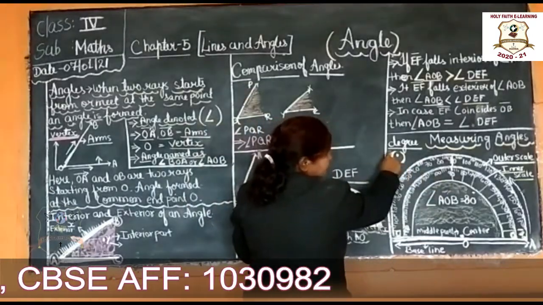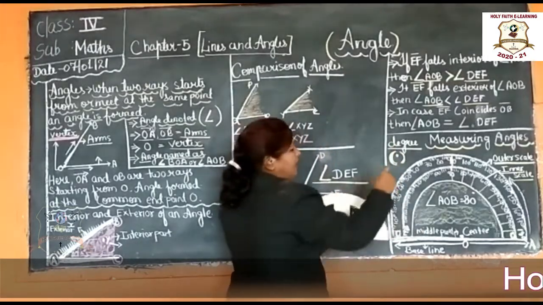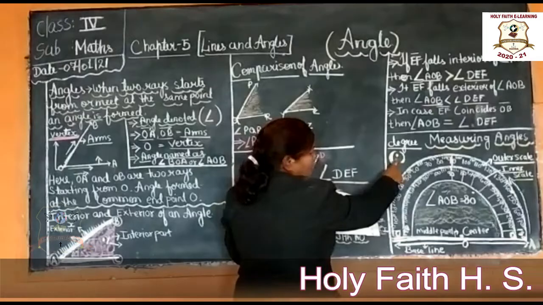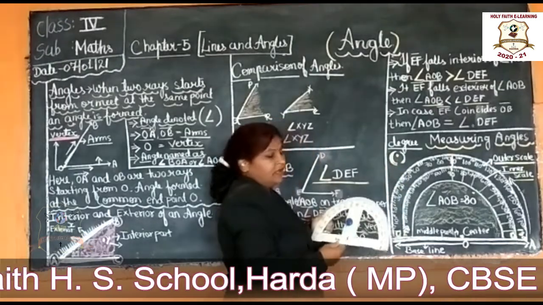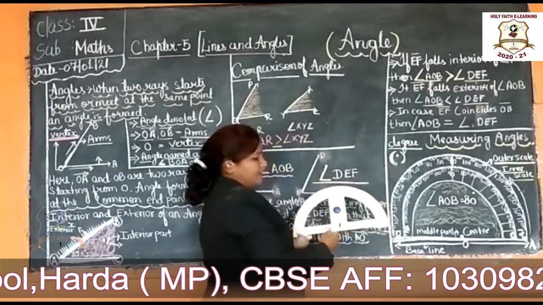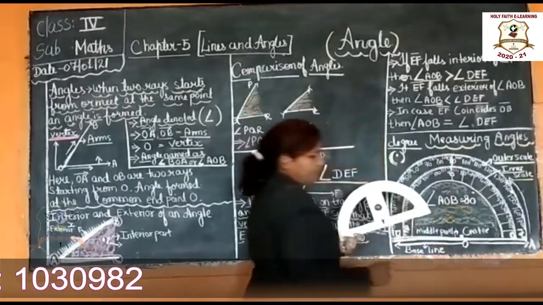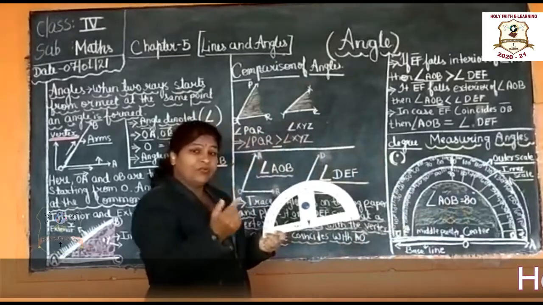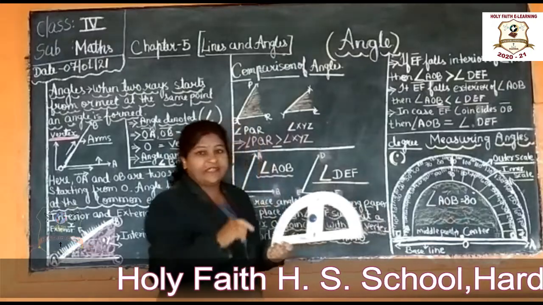Angle is measured in degrees, which we have studied, and this is the symbol of degree. Now we will measure angle AOB of 80 degrees, and see how to do it.